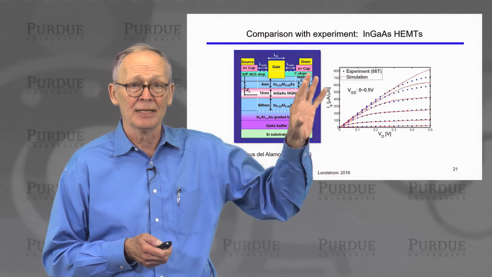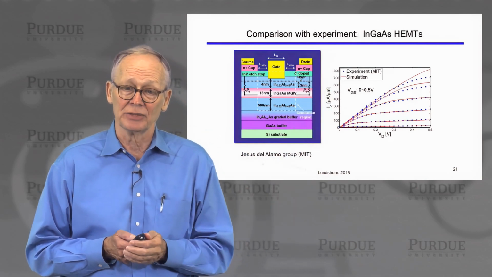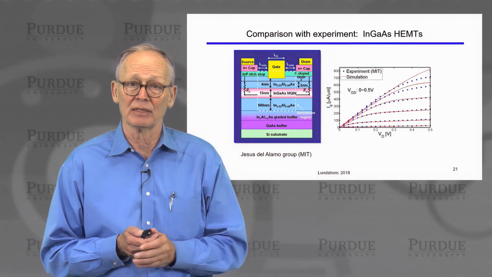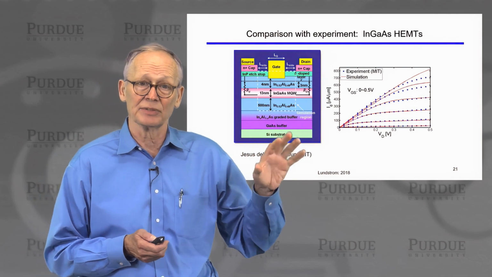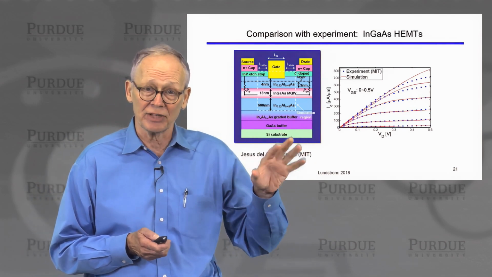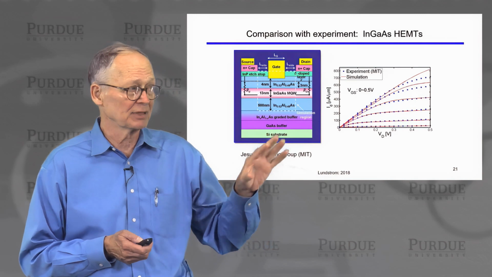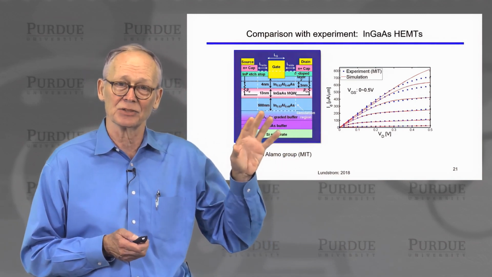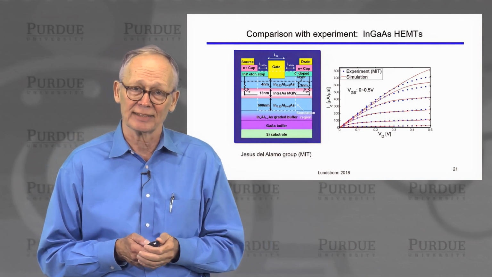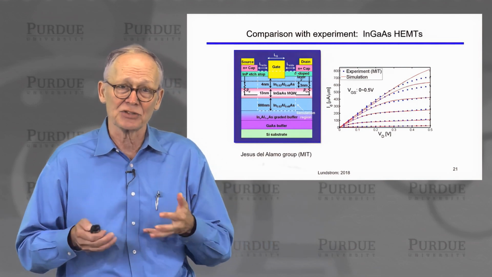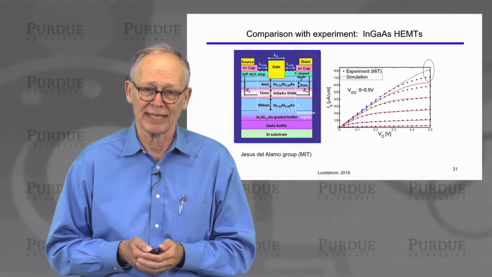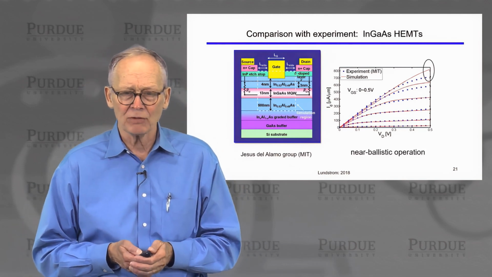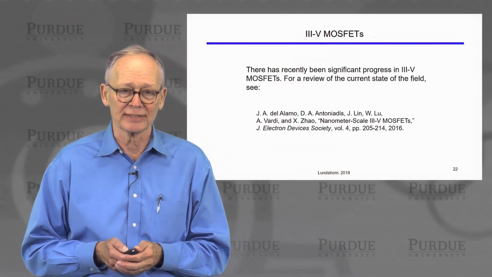We can compare the measured characteristics to the ballistic characteristics in the red line. This is an example of a transistor that operates very close to the ballistic limits. So it's much better to assume that this is a ballistic device when you take the initial look at it and try to understand its IV characteristics than a traditional device dominated by scattering. Okay, so near ballistic operation for these devices.